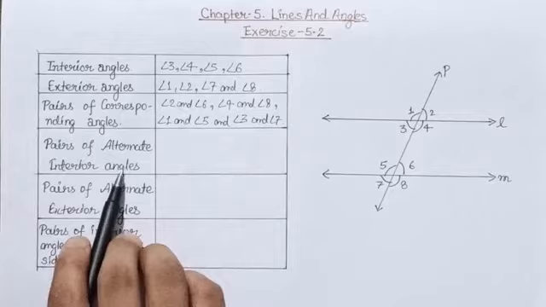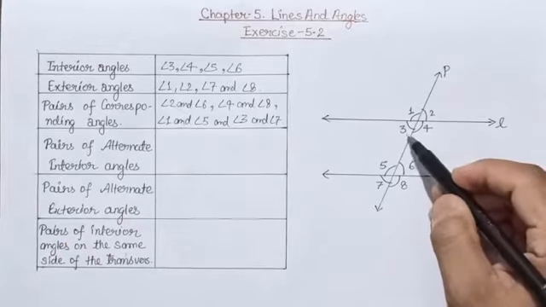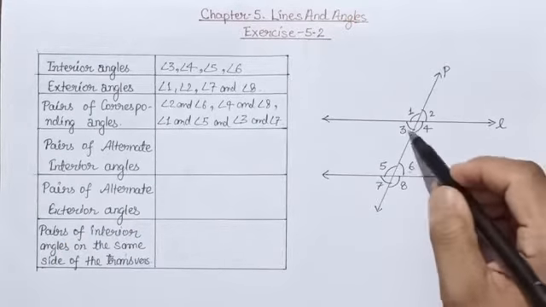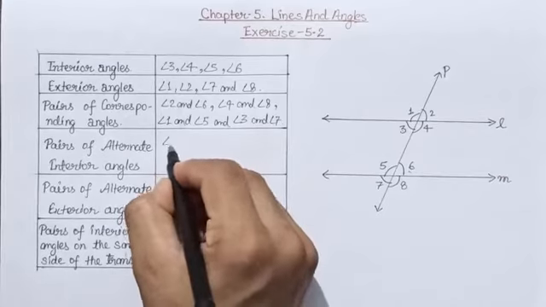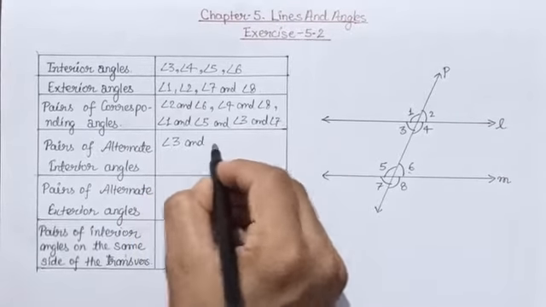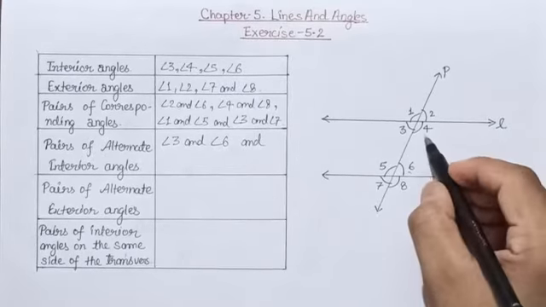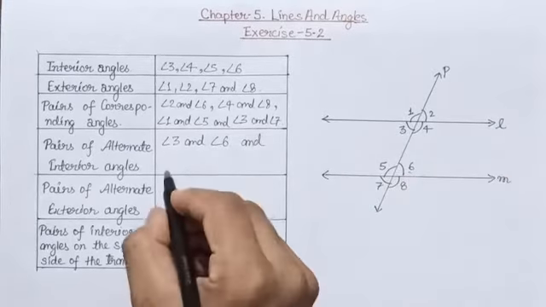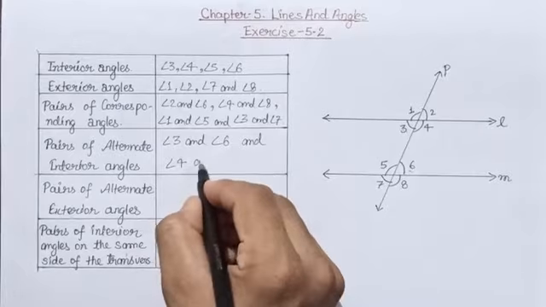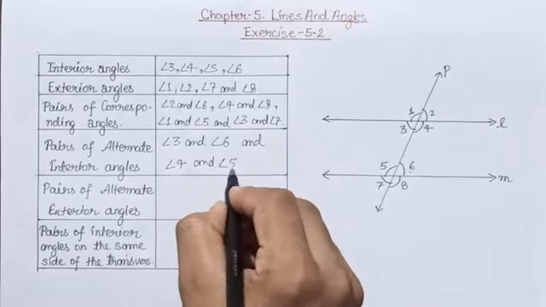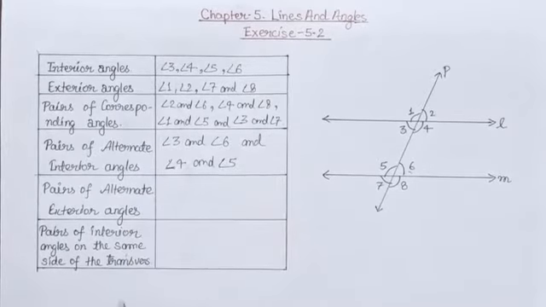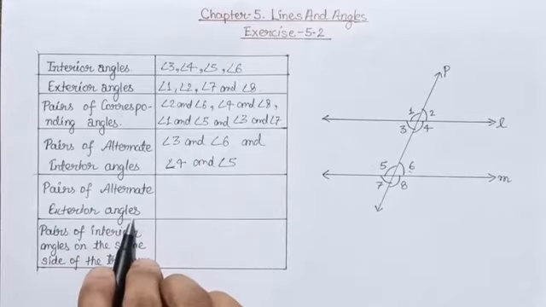Pairs of alternate interior angles. So here you can see angle 3 and angle 6 is one pair of alternate interior angles, and one more pair is angle 4 and angle 5. Now pairs of alternate exterior angles.